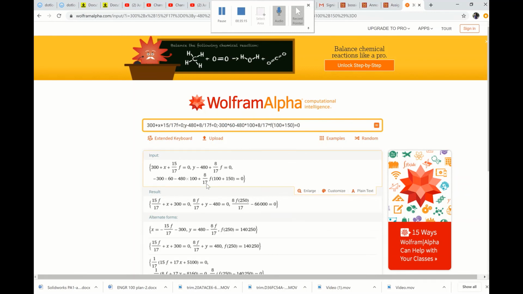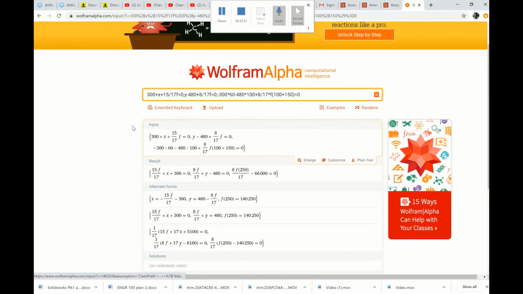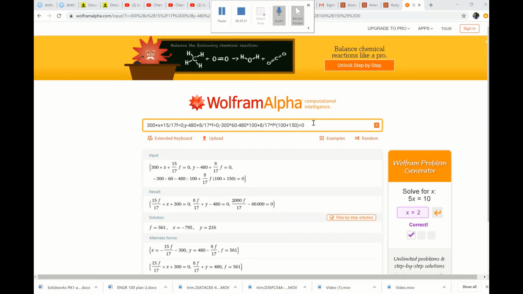It is getting better, but it's not solving it. It's not solving it. All right, so a quick fix is put the asterisk between f and this constant.